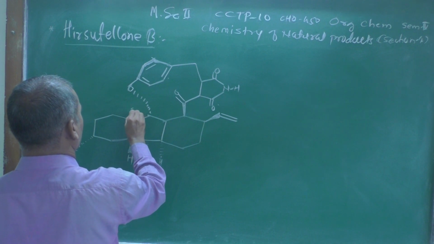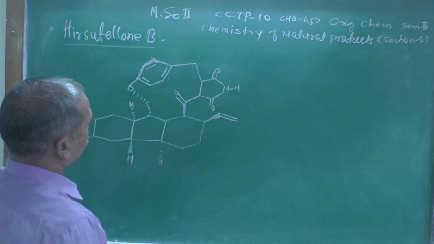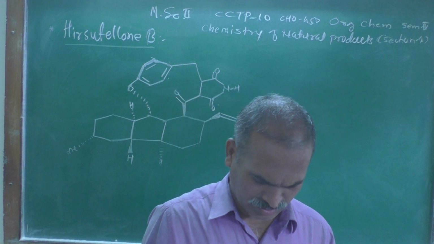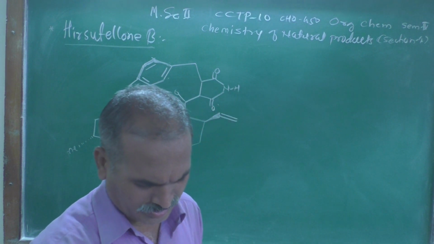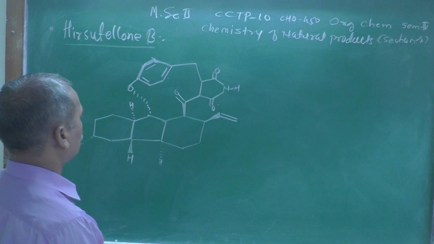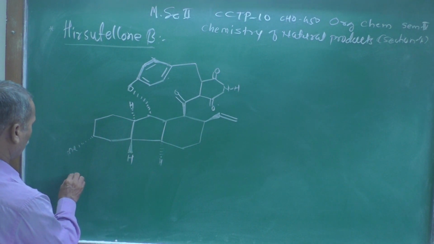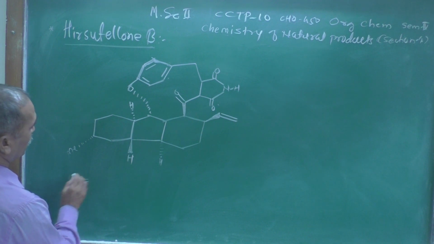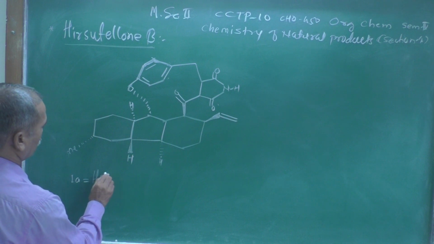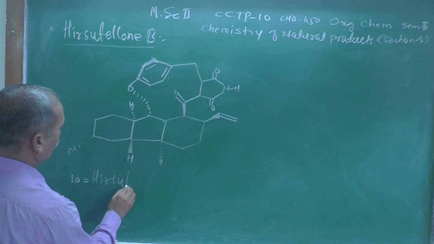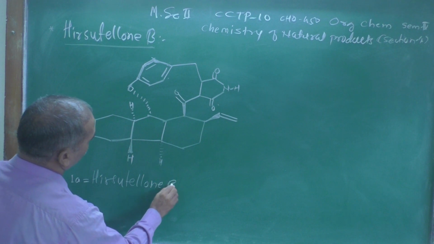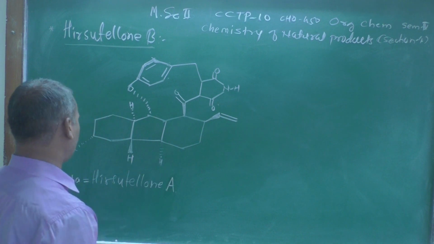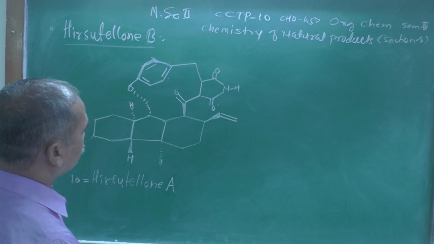Then here will be a hydrogen atom. This is a structure which I have shown over here. This is 1A we can write, and this 1A is nothing but Hirsutolone A. This is a structure of Hirsutolone A.